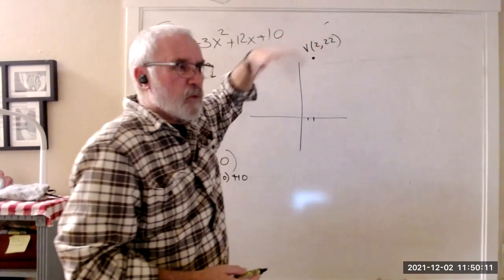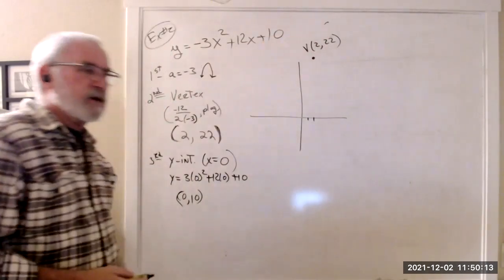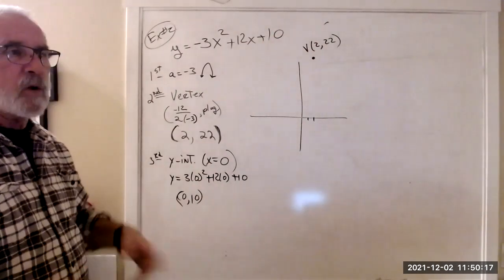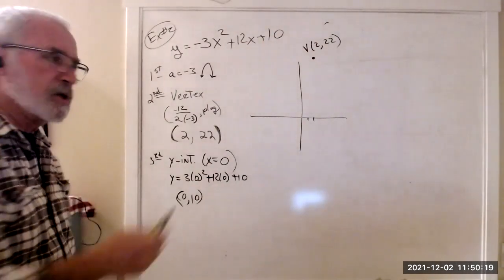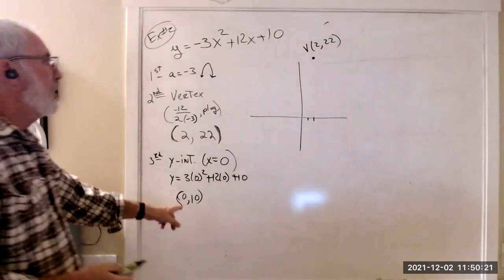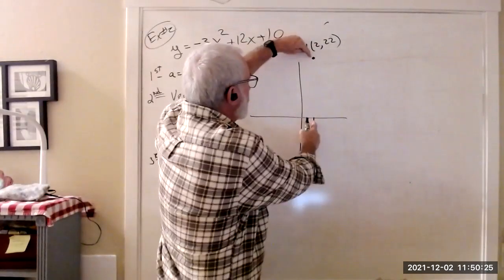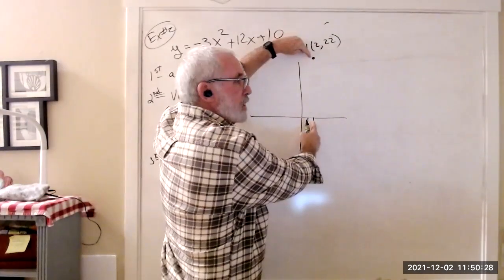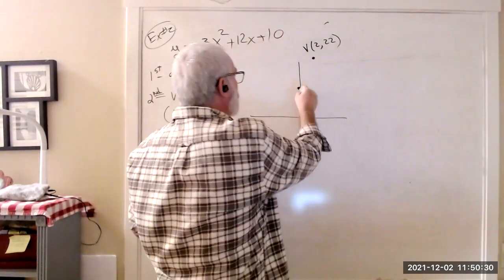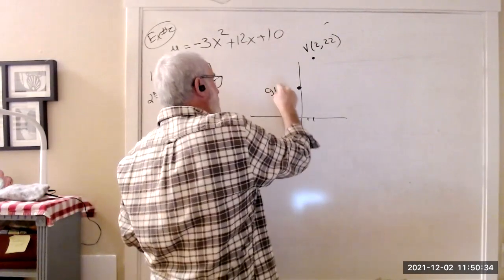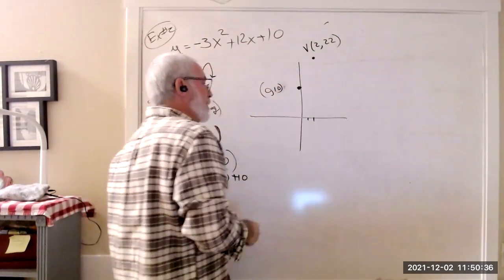If I wanted accuracy, I'd tell you to go to Desmos and copy that graph perfectly. I don't want that. I want you to use your brains and your common sense. The y-intercept is 0, 10. Well, this is 22. 10 is about halfway. So we're going to go 0, 10. I'm just faking it.